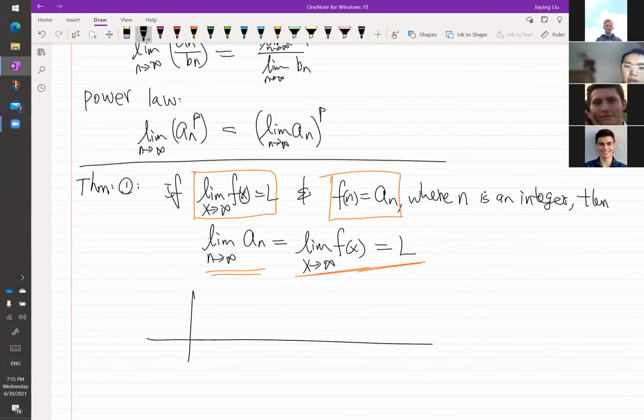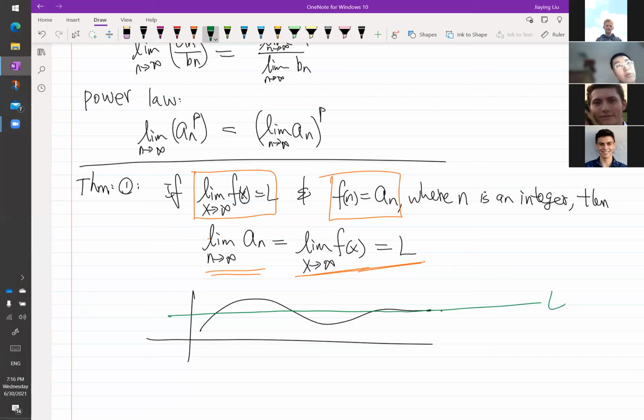For example, if I have a function that looks like this, it's approaching L. So this is the value L. So the function approaches that y value L. So the limit of the function exists and the limit is L as x increases.